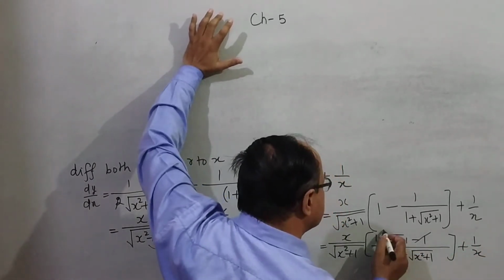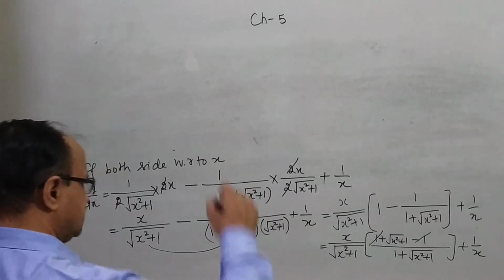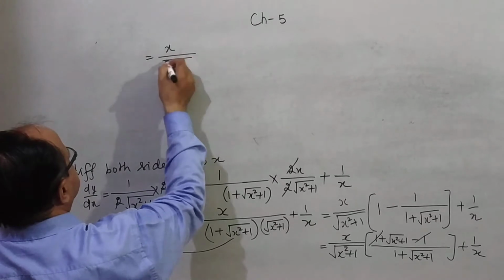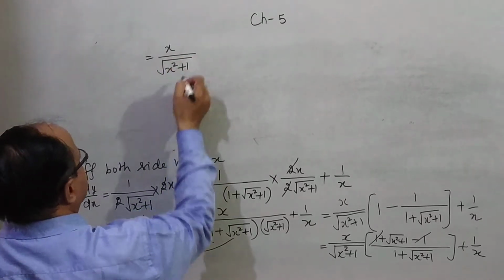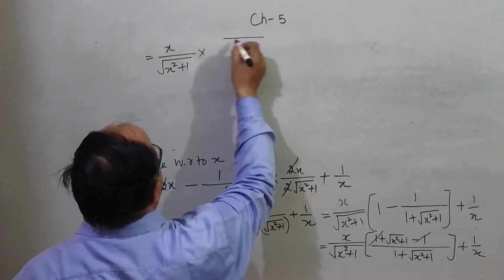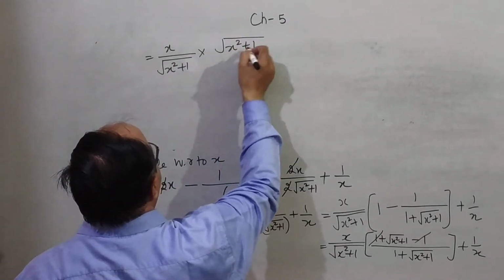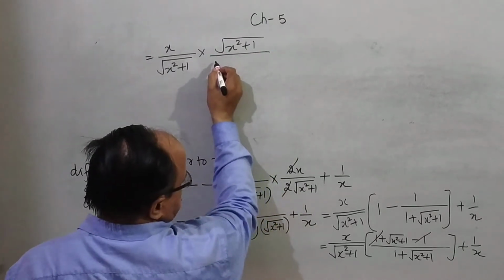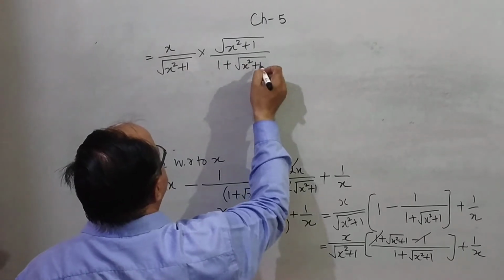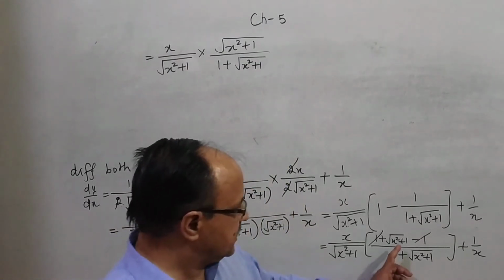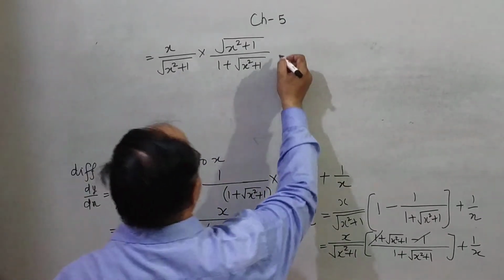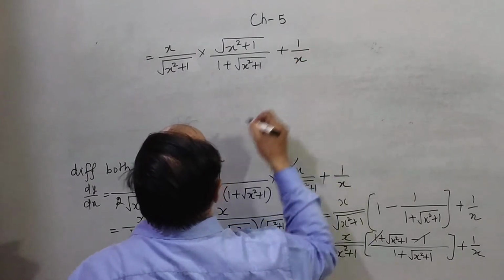The 1 to 1 cancel. Therefore, that is equal to x upon root x square plus 1, and multiply by root x square plus 1 upon 1 plus root x square plus 1. Clear? This term, root x square plus 1 upon 1 plus root x square plus 1, and 1 by x as it is.